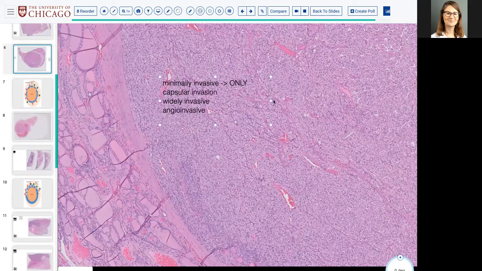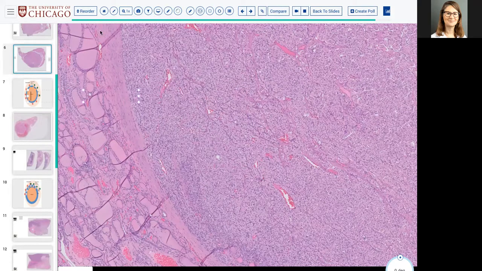Once you start having any angioinvasion, even if it's one vessel, now you have an angioinvasive carcinoma. So let's say one or more vessels. And widely invasive is such that it has diffuse, extensive intra and extrathyroidal invasion. So we're certainly not there, but we are at a minimally invasive Hürthle cell carcinoma.